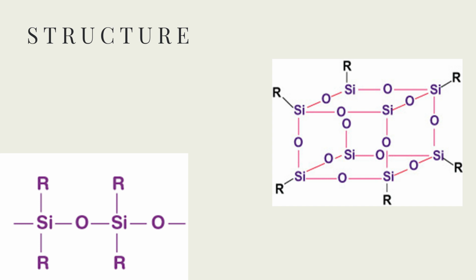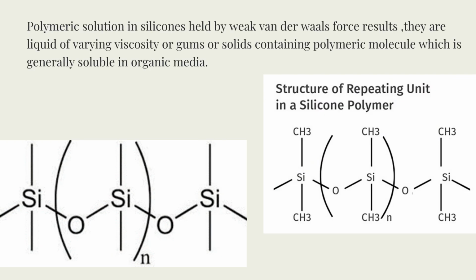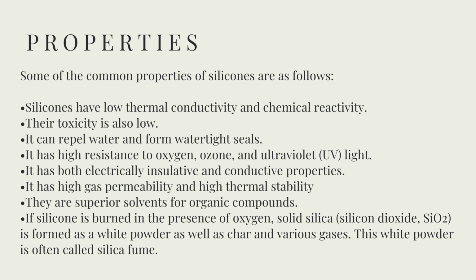Also, polymeric chains in silicones are held by weak van der Waals forces. They are liquids of varying viscosity, or gums or solids, containing polymeric molecules which are generally soluble in organic media. Now Kritika Rawat will further talk through this topic.